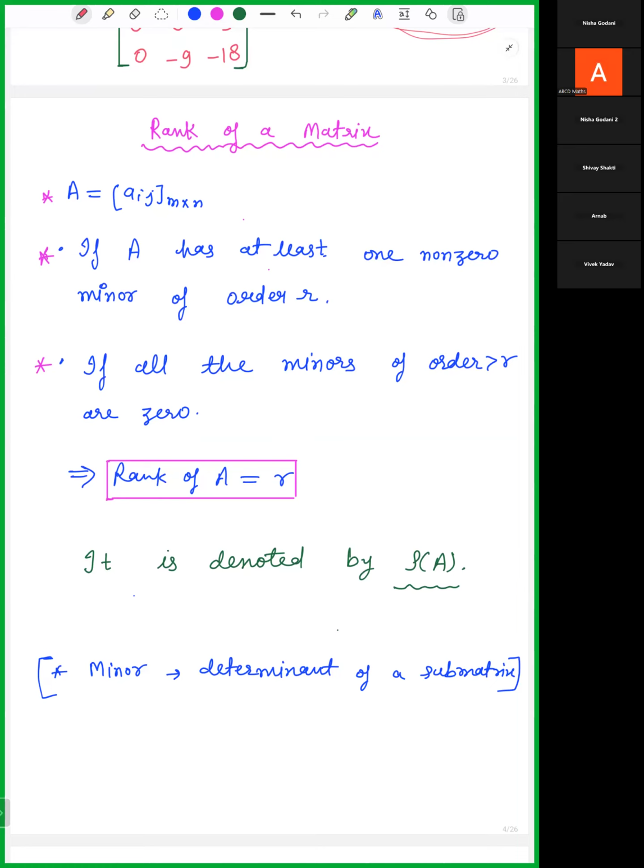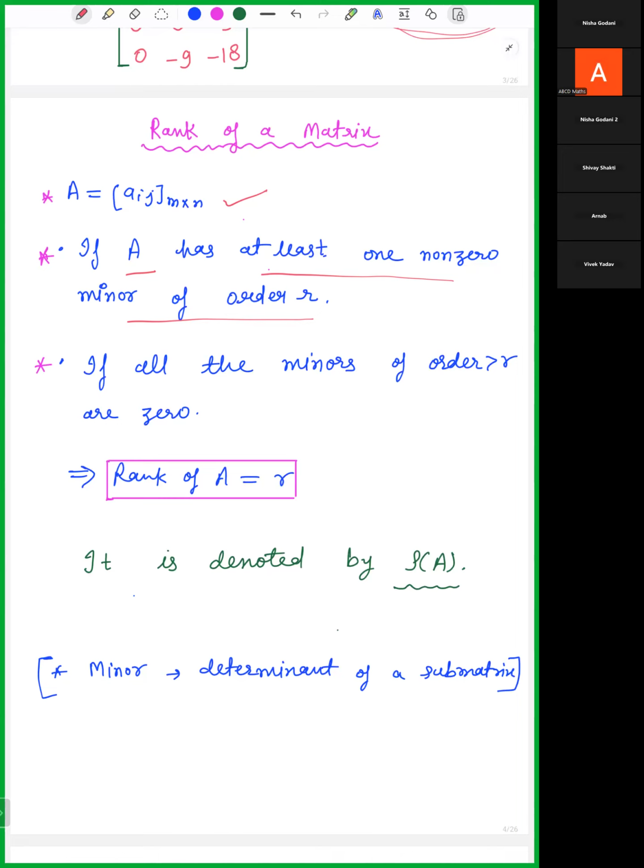Now first I'll discuss the definition of the rank of a matrix. Then I'll discuss some methods to find the rank of a matrix. So what is it? If you have a matrix of order m cross n, and that matrix has at least one non-zero minor of order r, here minor means the determinant of a submatrix of a matrix.